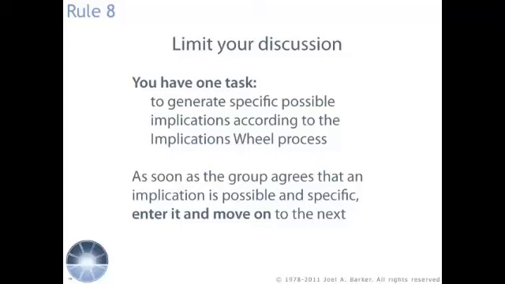This rule is most important for adults who too often start talking about something tangential or adding information that doesn't improve the implication. The I-wheel process can be very fast if you don't get off topic. As a team member, you have the right and an obligation to stop someone who is not working the wheel. Just say, "I think it's time for another implication."